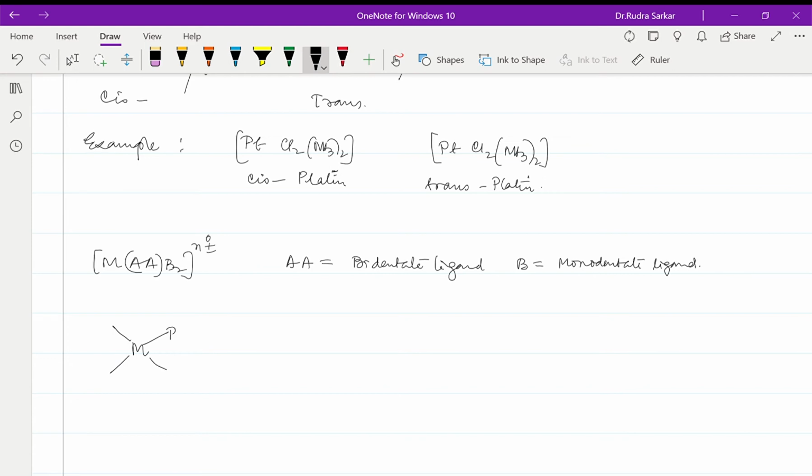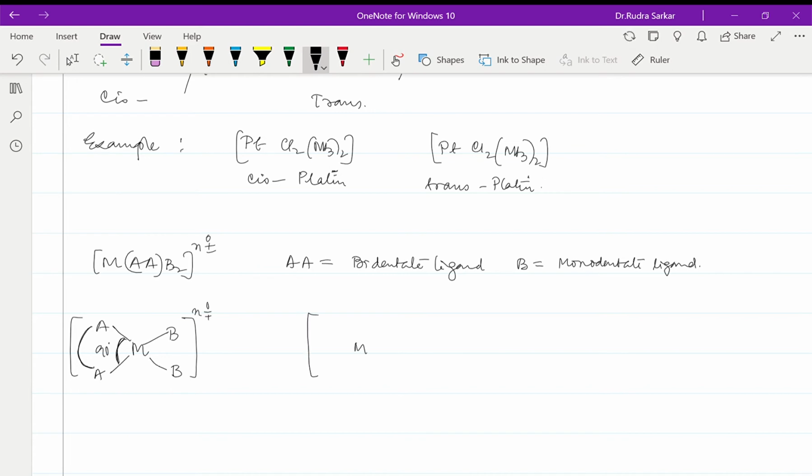We will say such bidentate ligands, which we are representing by connecting the donor positions A via curved arrow, like I have shown over here, can only take positions wherein this angle is 90. Okay, that is the important part.